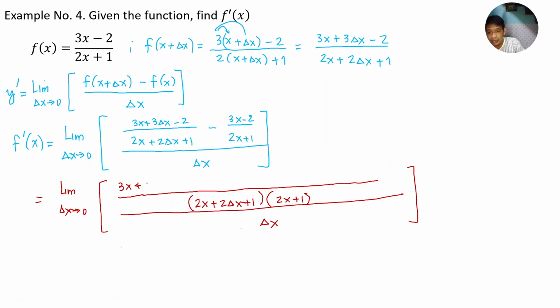3 delta x minus 2 multiplied by yung quotient, which is 2x plus 1, minus the quantity 3x minus 2 multiplied by this LCD divided by 2x plus 1, which is 2x plus 2 delta x plus 1.